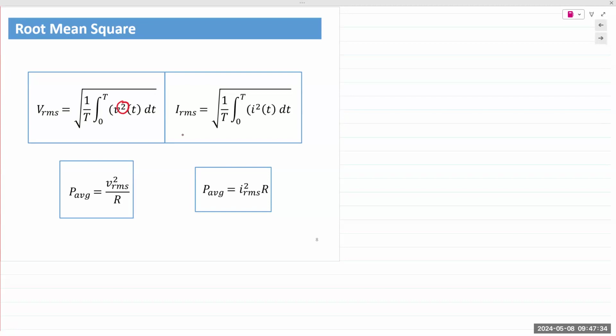Taking the average means summing it up over one single time period. One integration is just summing up all the individual slices. So from 0 to T, add up all the individual slices, integrate from 0 to T, take the average, divide by T, which is right here, 1 over T, and then finally you take the square root, which is right here. Hence, root mean square.